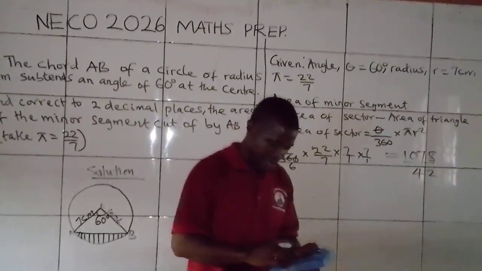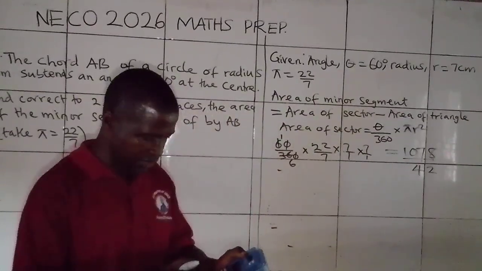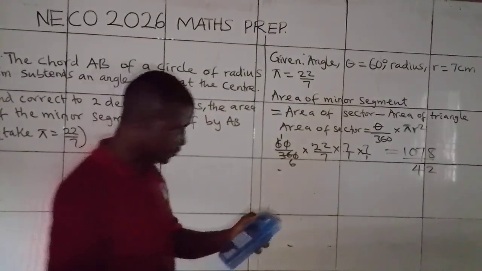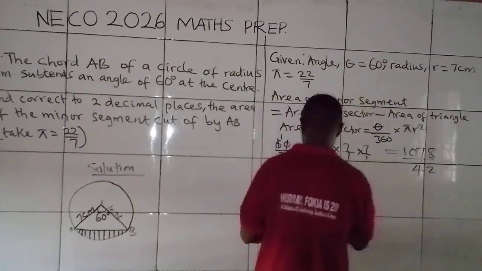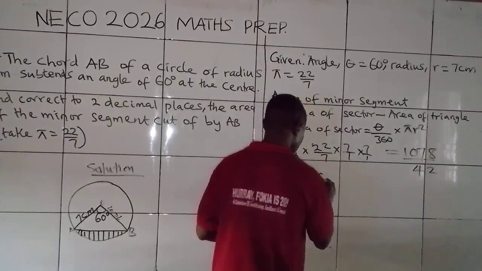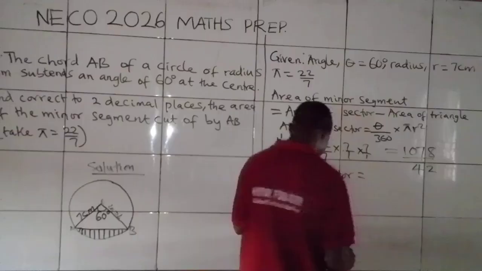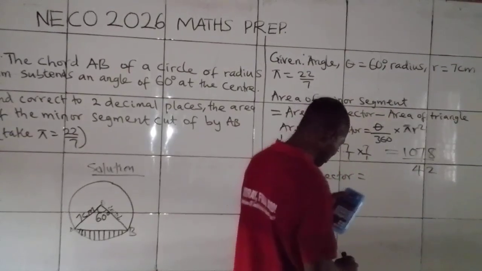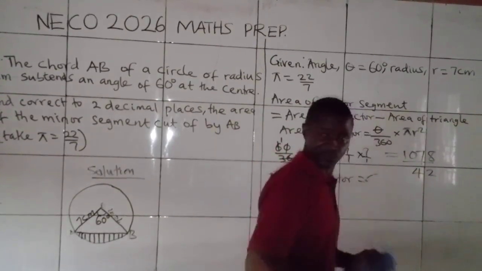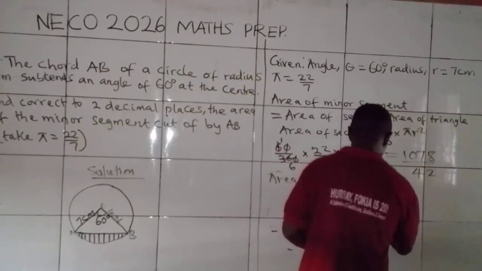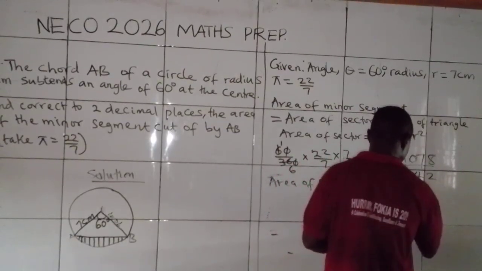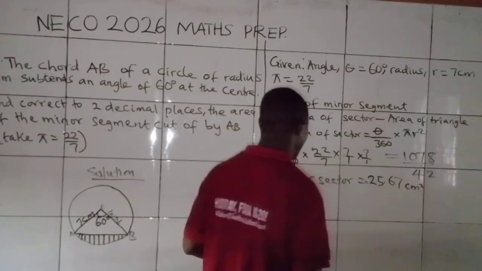So we now have 1078 divided by 42. So we have the area of sector is equal to 25.67 centimeter square. That is the area of sector.